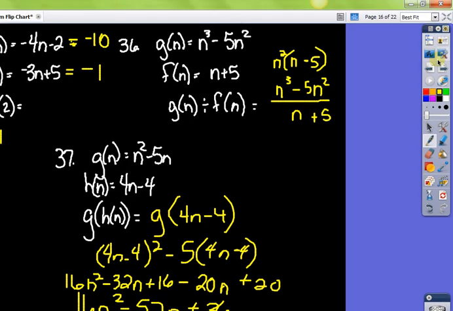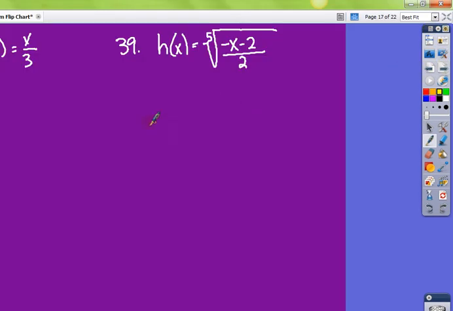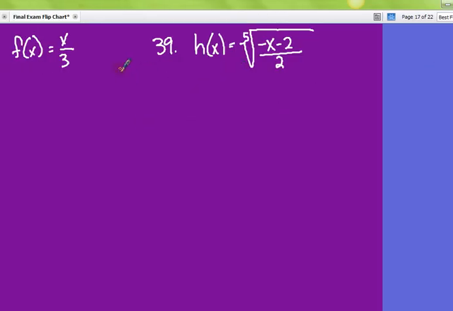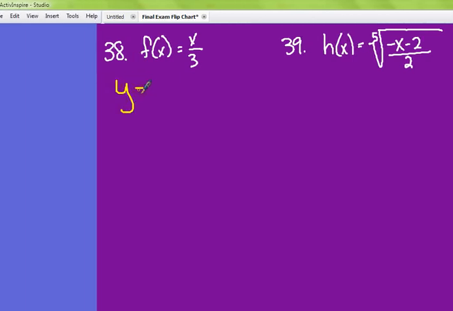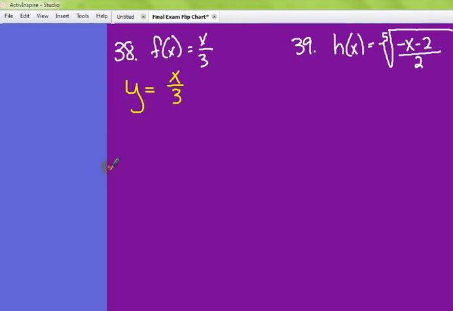Let's go to the next two questions. We're trying to find the inverse now of these two. The first thing I'm going to do is change the f of x to y. And the big word on inverse is switch. And now solve for the new y. So to undo this divide by 3, I'll multiply both sides by 3.